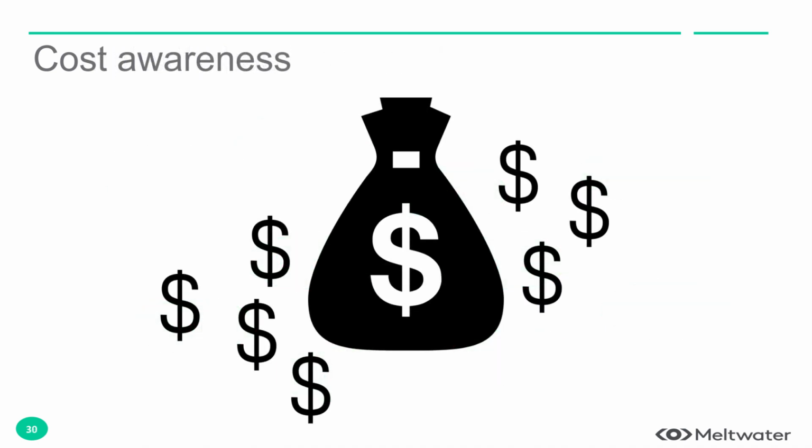The last challenge: cost awareness. This is really not about being cheap. We spend a lot of money, trust me. But it's that we know that we spend money that has been a challenge, because before we started this work, we only had limited hardware resources, and we knew the resources we had.